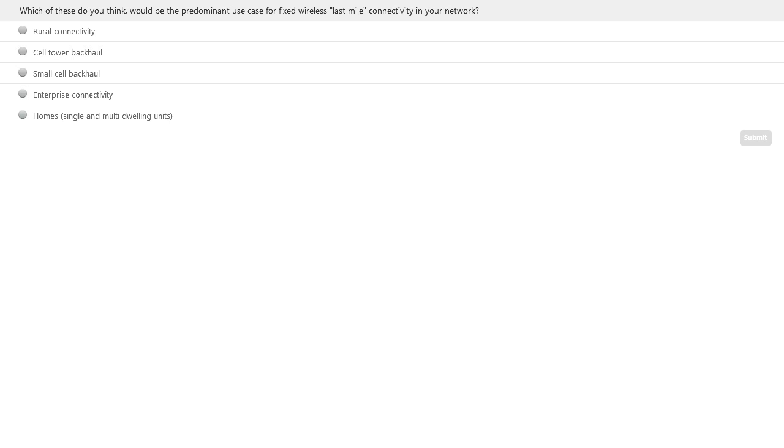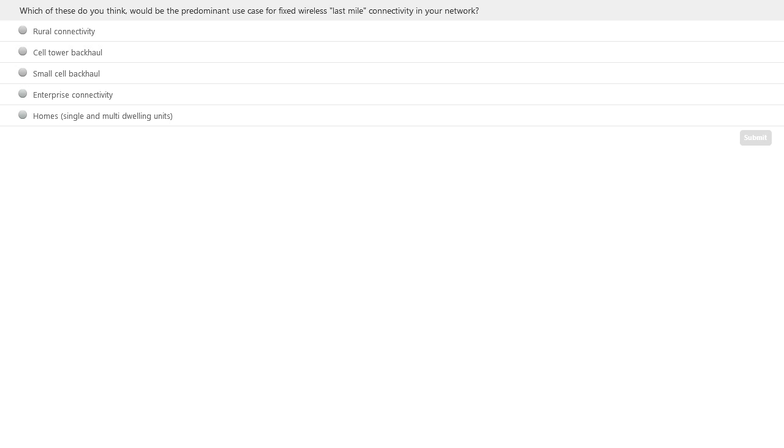So the question is, which of these options do you think would be the predominant use case for fixed wireless last mile connectivity in your network? If you're a network operator, obviously answer on behalf of your own network. If you're a supplier into the industry, maybe change that to just what do you think is going to be the most predominant fixed wireless connectivity based on your experience with end customers.